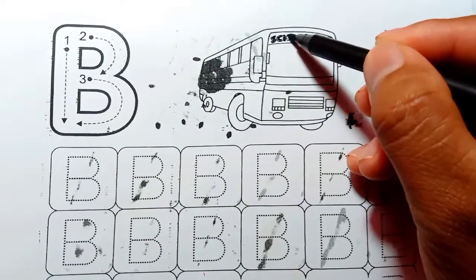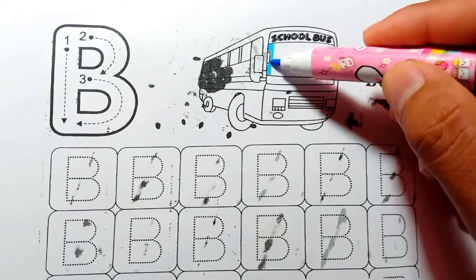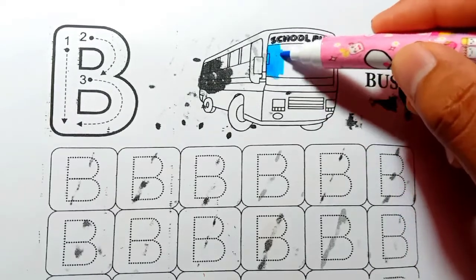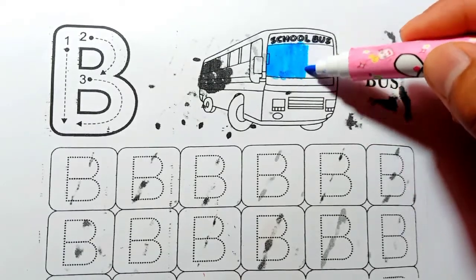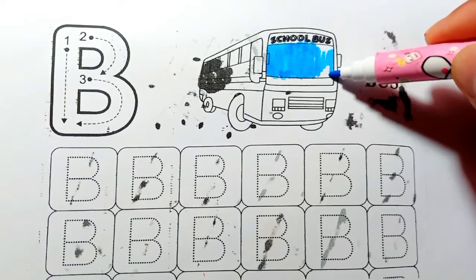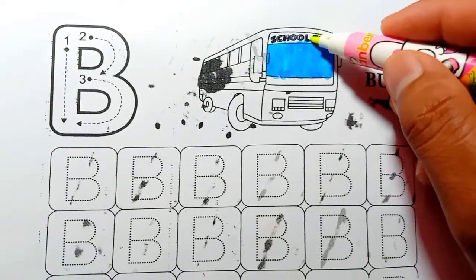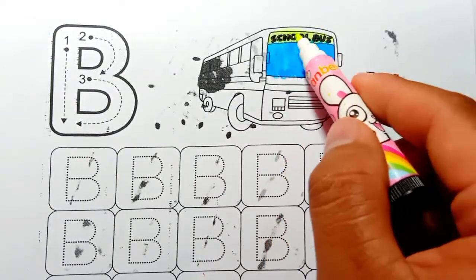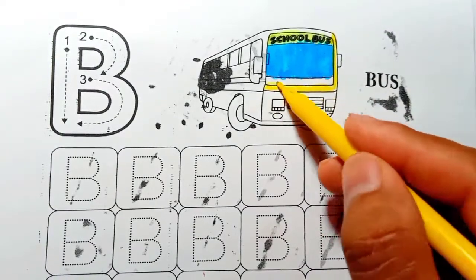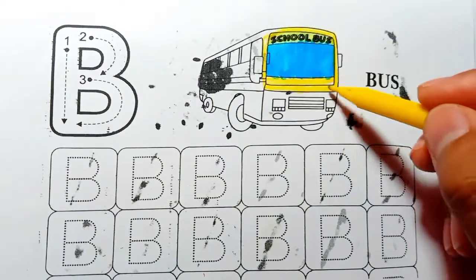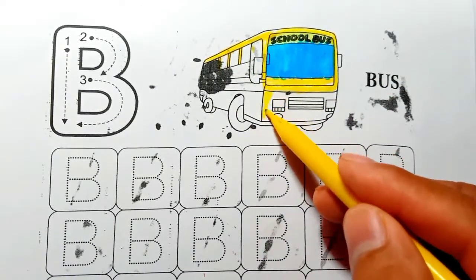Now we start to color the school bus, and bus is for letter B. The bus color is yellow.